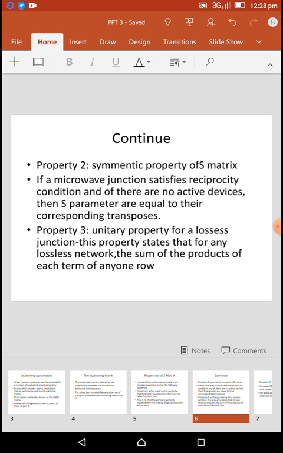This property states that for any lossless network, the sum of the products of each term of any one row or any one column of the S matrix with its complex conjugate is unity. This is the unitary property for a lossless junction.